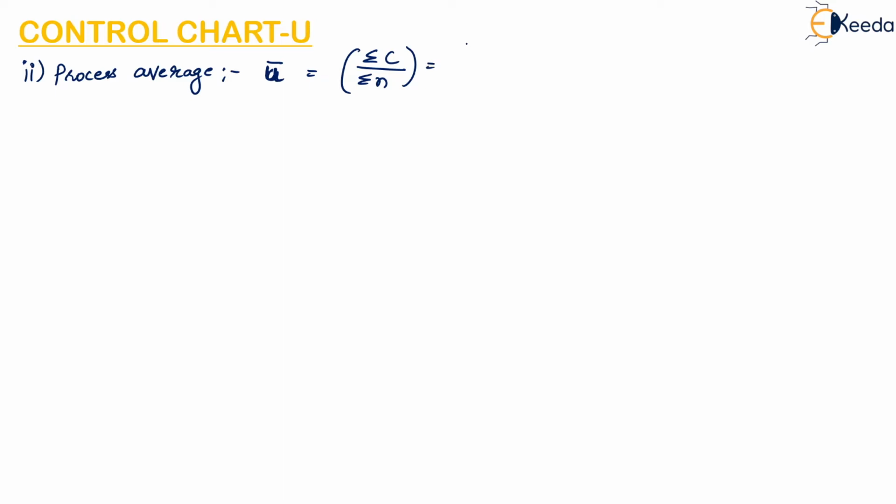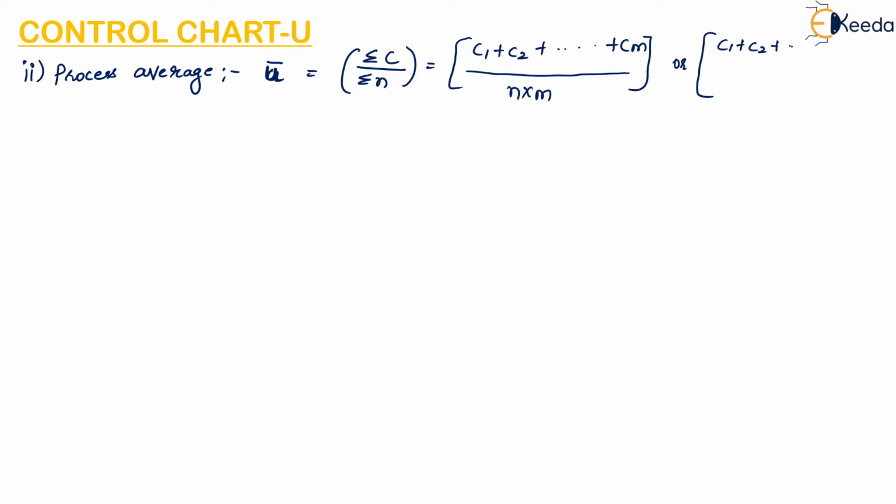That is C1 plus C2 plus so on plus Cm, divided by sigma of n, which is n into m for constant sample size, or n1 plus n2 plus so on plus nm for the variable sample size.